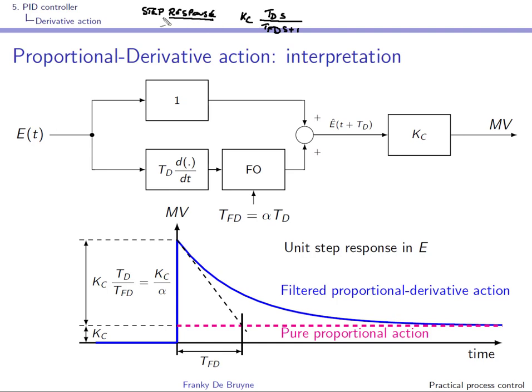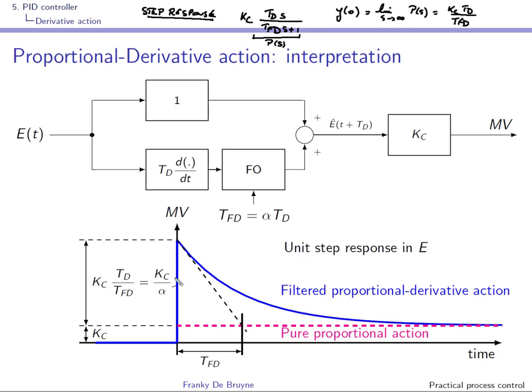And luckily we have seen in section 2 that you could use the initial value theorem to obtain the value at time 0 of the step response. If we call this one P(s) here, we have the limit when s tends to infinity of P(s), and this will be Kc Td over Tfd, right?